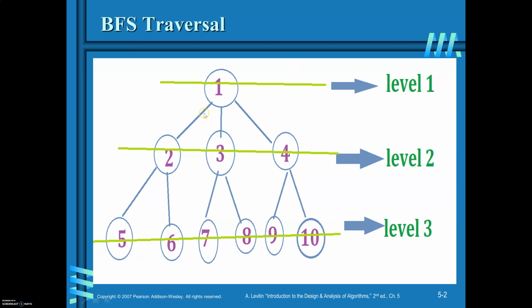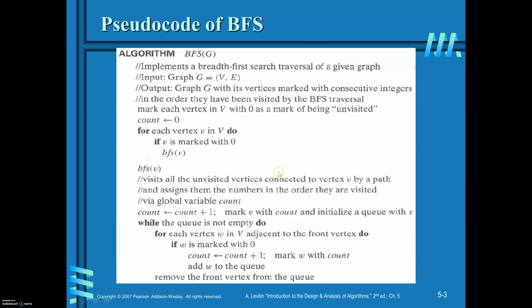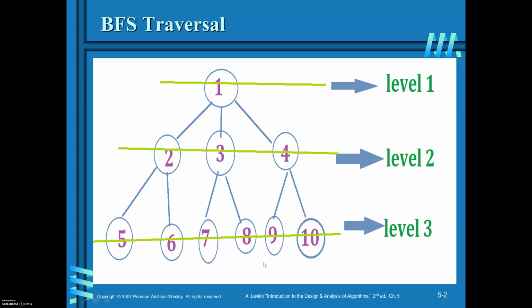So which are all the adjacent vertices of 1? 2, 3, 4. So insert those into the queue and mark these vertices with values 2, 3, 4 respectively. And then since all the adjacent elements of 1 are already explored, now remove this from the queue. Now in front 2 is there.